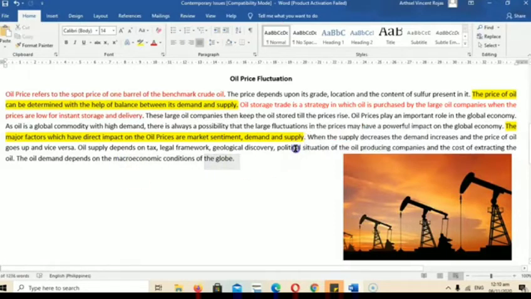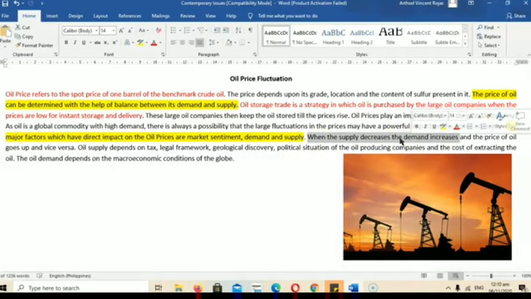Because when the supply decreases, the demand increases. So what if there are many drivers, there are many choppers. So for example, choppers in the Philippines, or jeepney drivers or taxi drivers need the supply of oil.